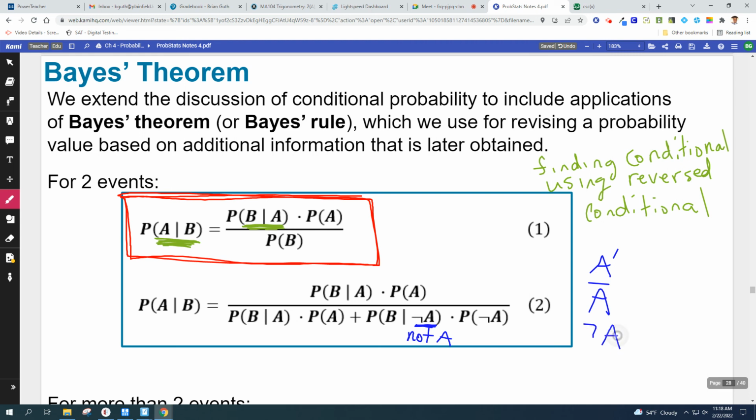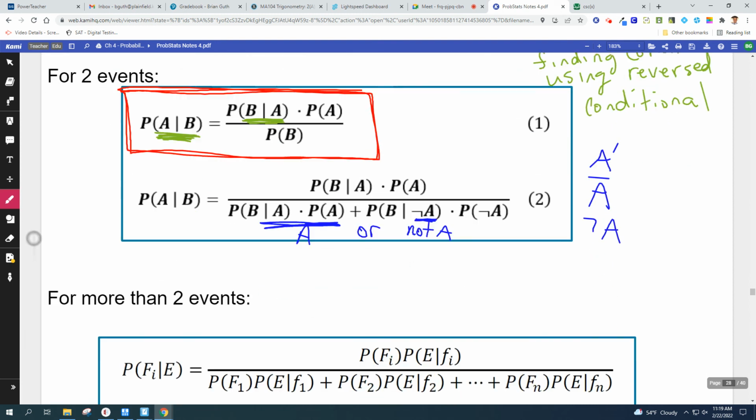We've seen it written a couple of different ways. This is more like what you'd see in a logic class, but all three of those kind of say the same thing, not A. And so how I read this problem is on the bottom, we're talking about either A or not A. So all that's doing is breaking it down into what could possibly happen, all right? Either A happens or it doesn't happen. That's the denominator.